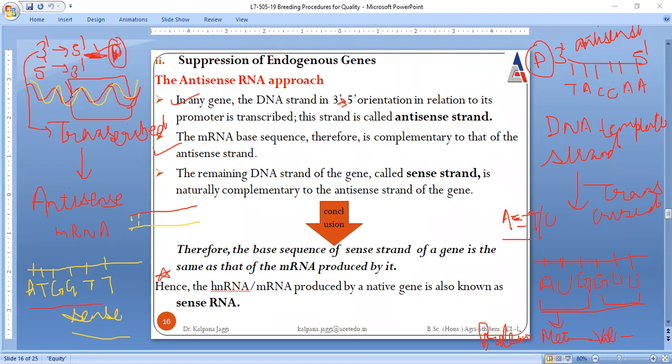Now we talked about the second strand of the DNA, which is complementary to the antisense. And what you visualized, this sense strand is the same as that of the mRNA that is produced from the antisense strand.